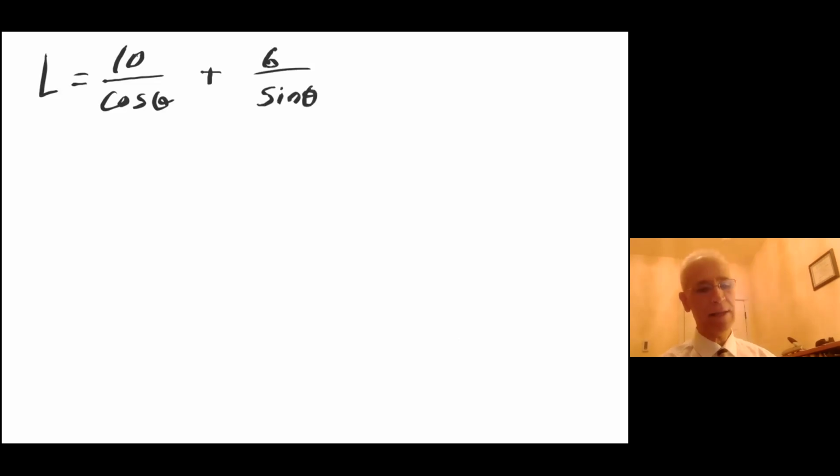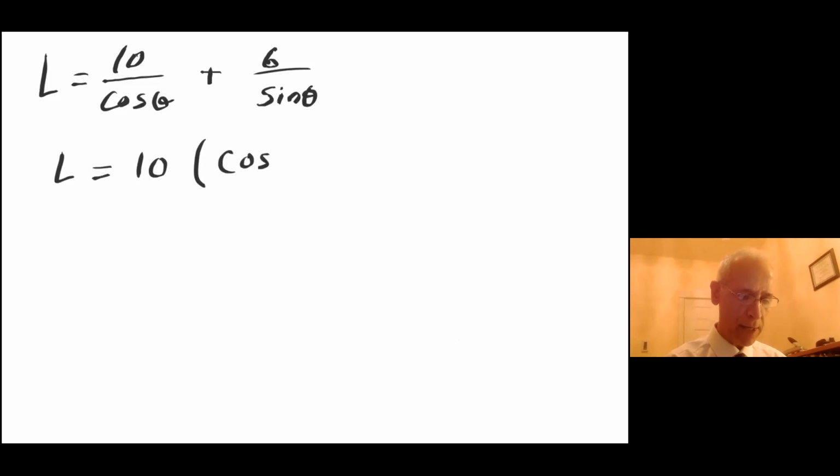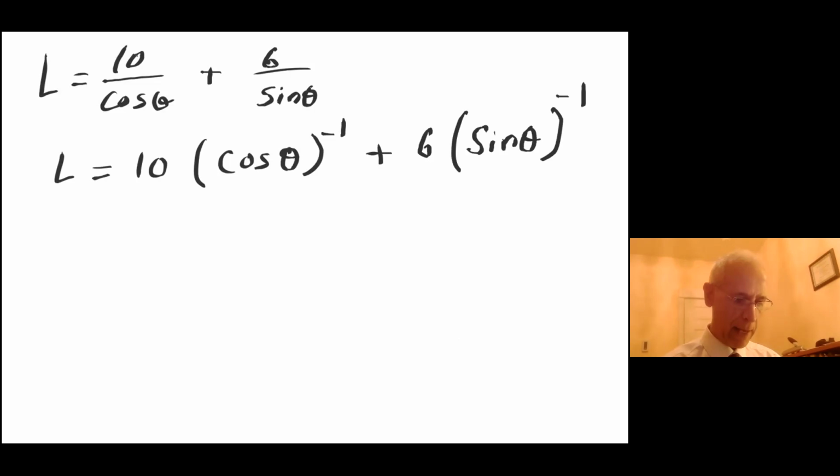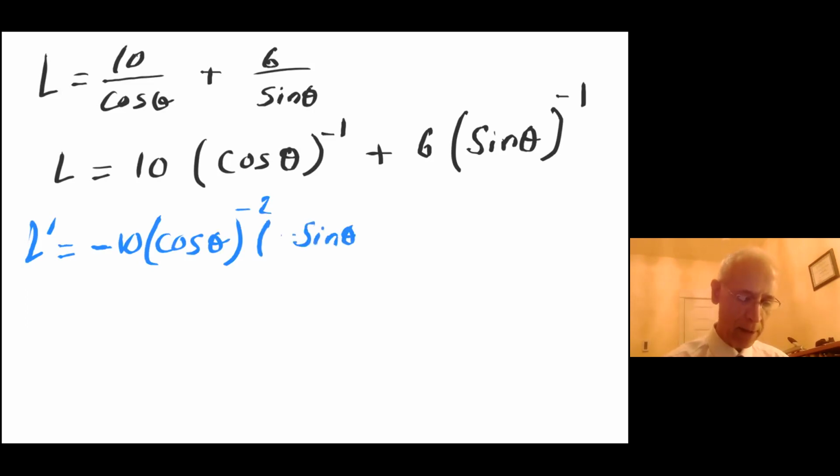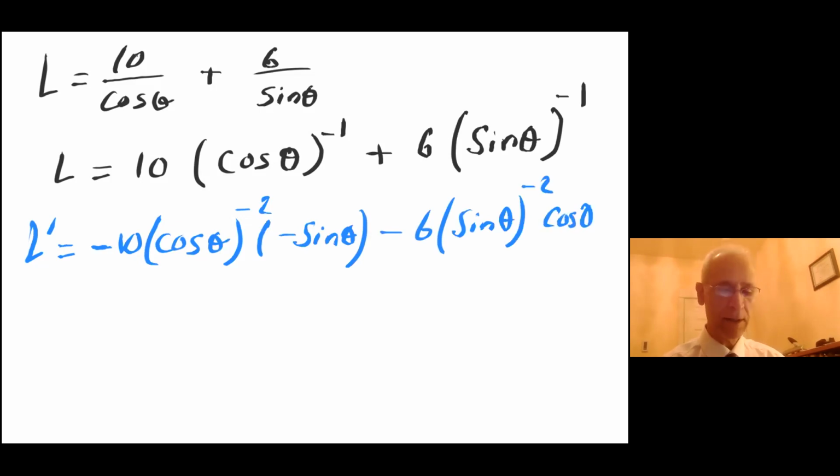Since I want to take the derivative of this, I'm going to rewrite it as L equals 10 times cosine of theta to the -1 plus 6 times sine of theta to the -1. So L prime equals -10 cosine of theta to the -2, using chain rule, multiplied by minus sine theta, minus 6 times sine of theta to the -2, the derivative of sine is cosine theta.